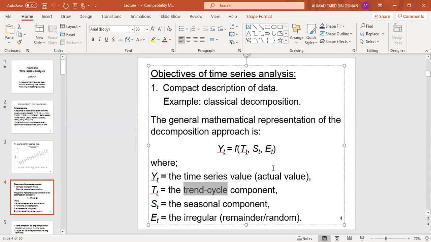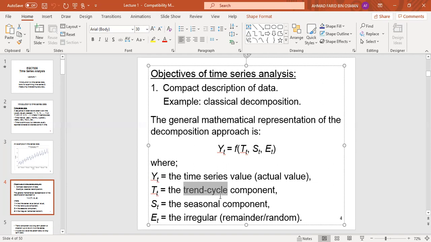But for certain models, we can simply treat the two components as the same, or as a combined component. For example, in the classical decomposition technique that we are going to discuss later in the following lecture, we treat the trend and cycle as a combined component.